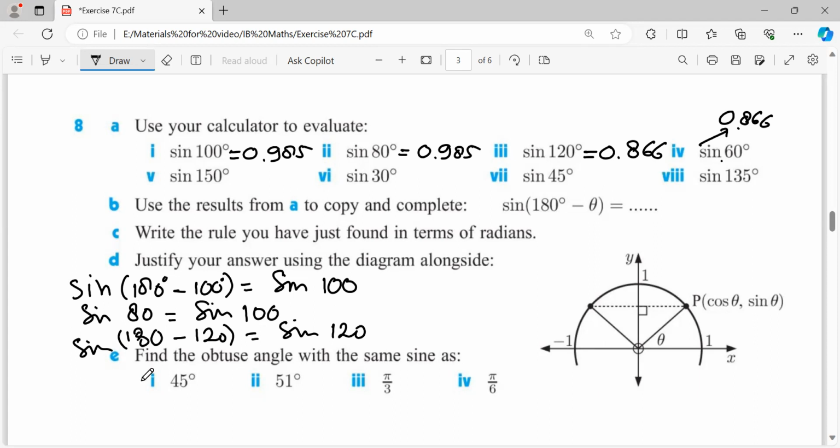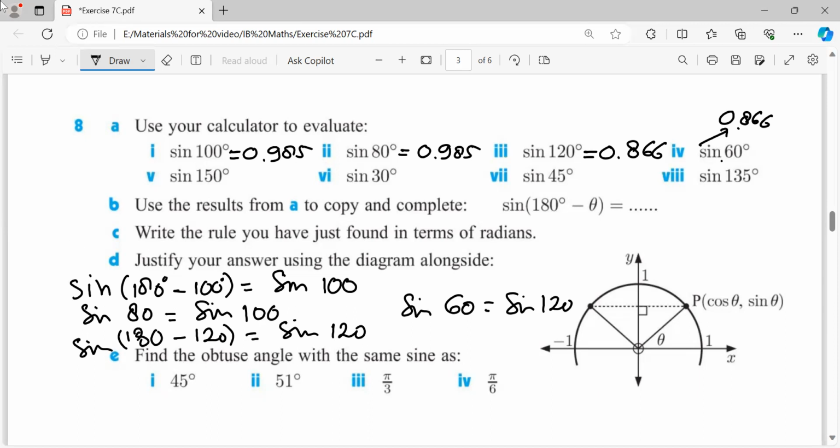Why? Because sine 60 equals sine 120, based on this result. Okay. And after that, write the rule you have just found in terms of radians.